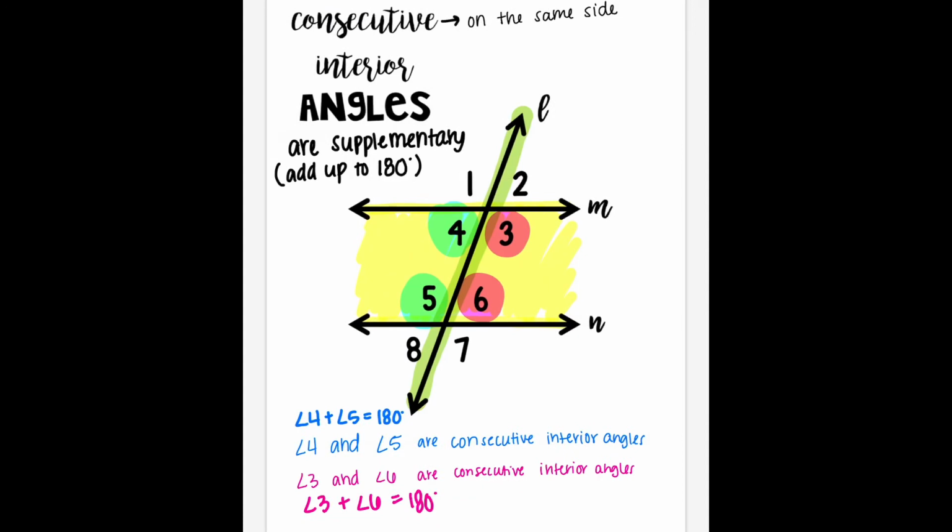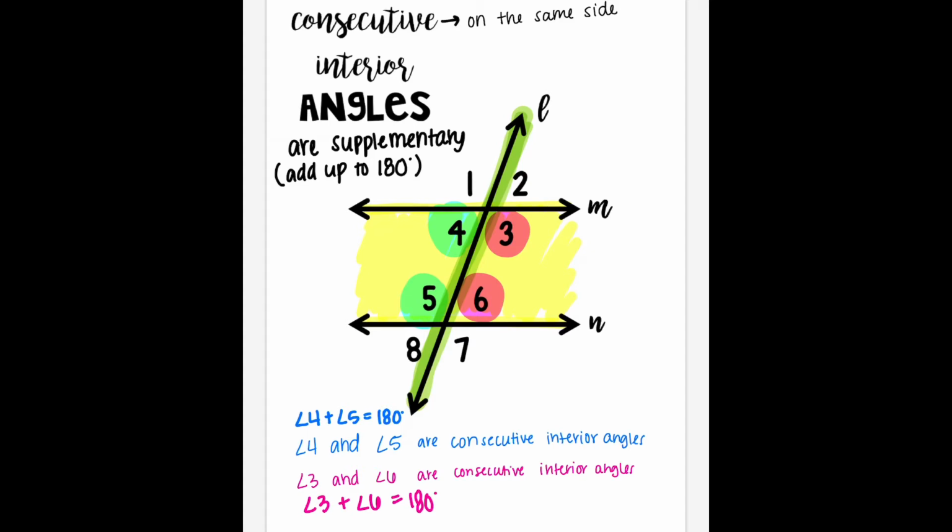Now, a little more specifically, you have something called consecutive interior angles. That just means that they are on the same side of the transversal. So you have, again, that yellow region represents the interior angles. Then the transversal, the line that goes through the 2 parallel lines, cuts the yellow region into a left side and a right side.